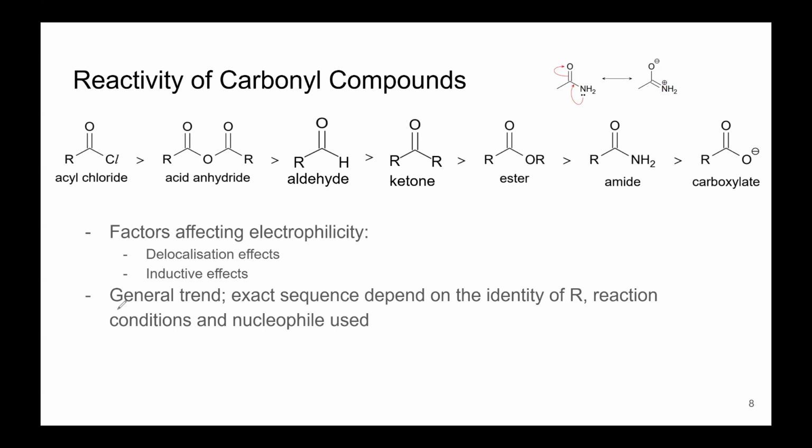If you have a molecule with both acyl chloride and ketone groups, then you know that the nucleophile will attack the acyl chloride first. If you have a compound with acyl chloride and carboxylate groups, then the carboxylate group is probably not going to react while the acyl chloride group will react almost completely, depending on how much nucleophile you have.